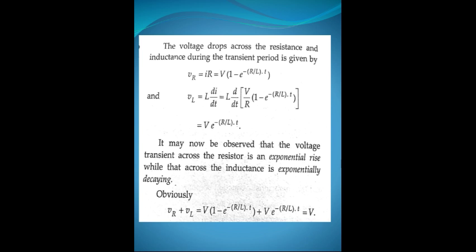The voltage drop across the resistance and inductance during the transient period is given by the following.